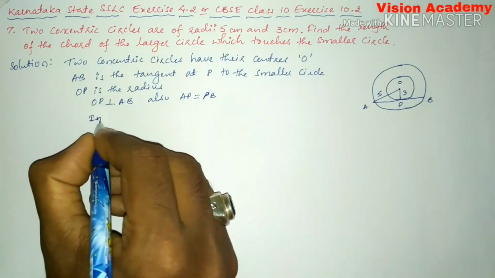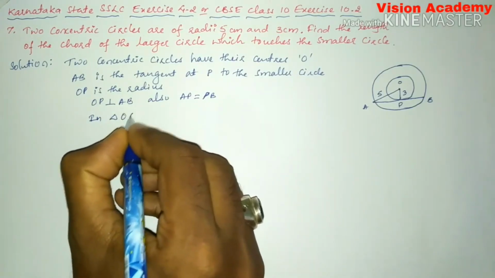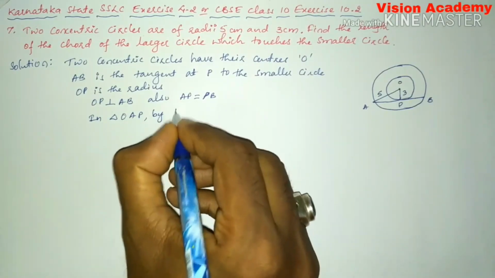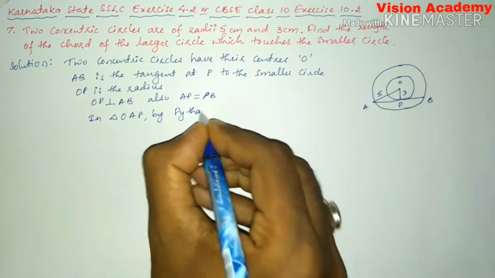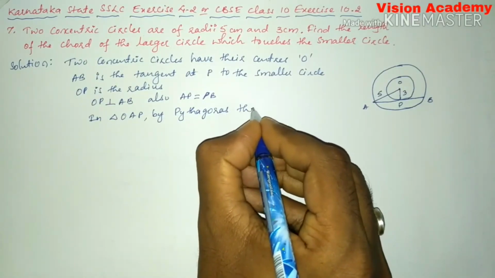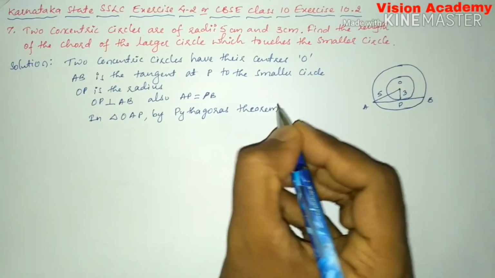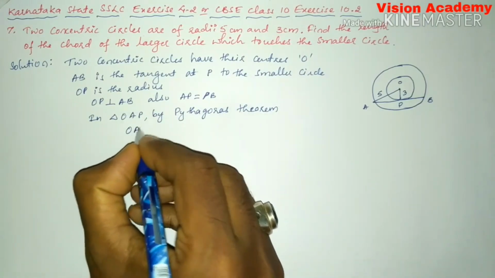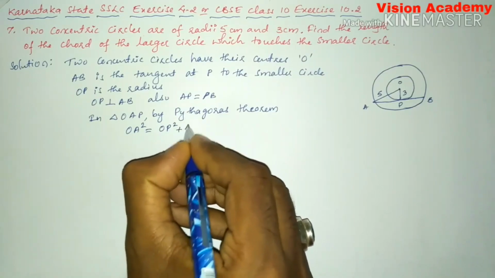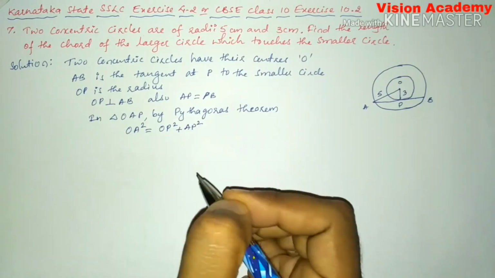In triangle OAP, by Pythagoras theorem, we can write OA square is equal to OP square plus AP square.